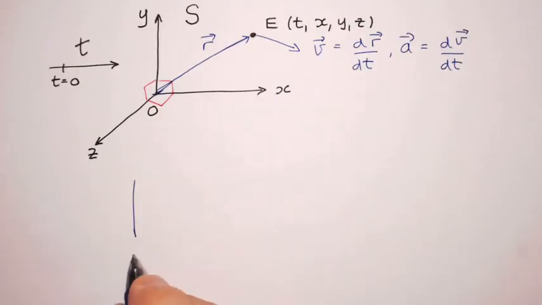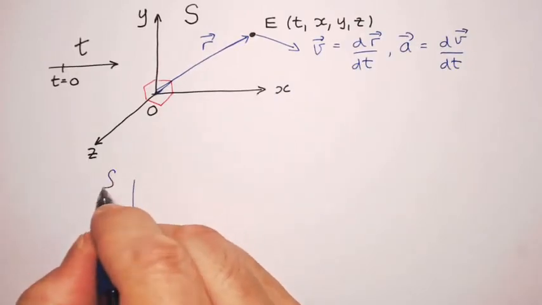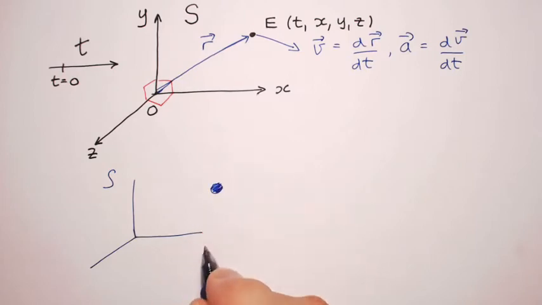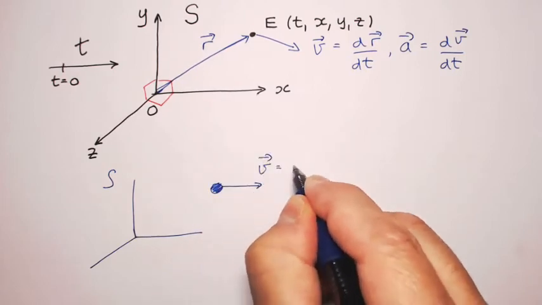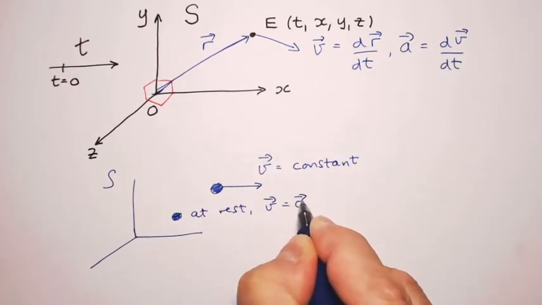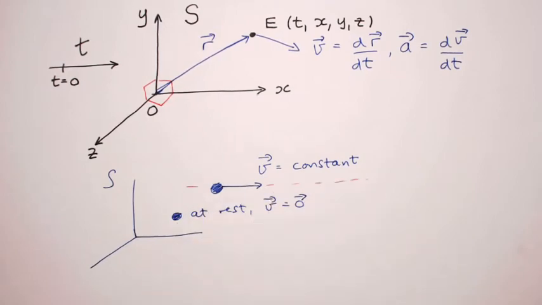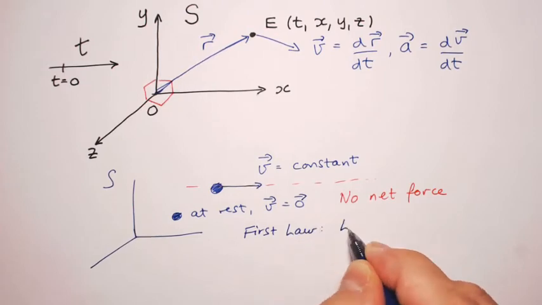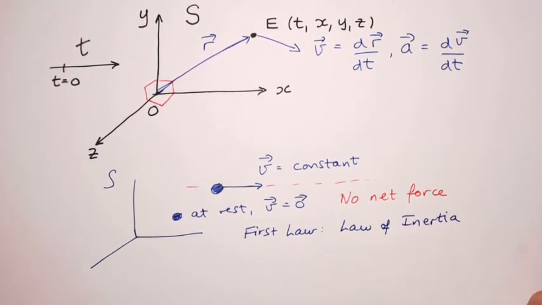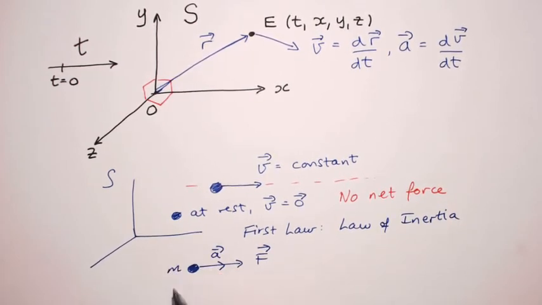In an inertial frame, Newton's first law is valid, so an object has a constant velocity in that frame, whether v equals 0 or v is non-zero, unless acted upon by a net force F net. The first law is also called the Law of Inertia. Also, Newton's second law, F net equals ma, where m is the mass of the object, is valid in an inertial frame.